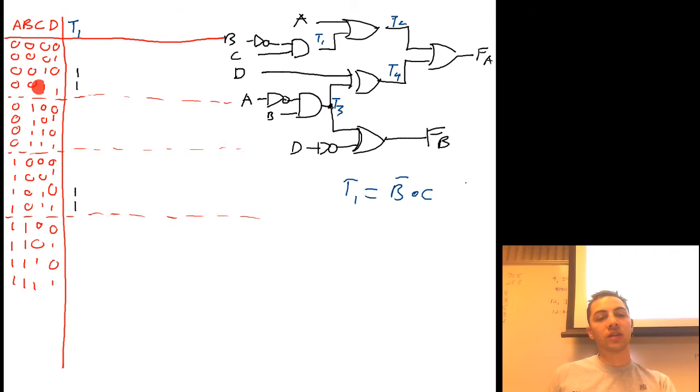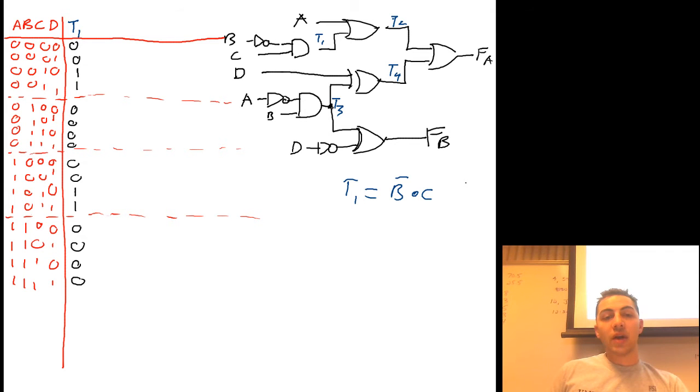So 0, 1, 0, 1, 0, 1, 0, 1. That's the only place that is true. Everywhere else, therefore, must be a 0. Questions so far? Pretty straightforward. Okay, now that we've solved for T1, we can create T2.